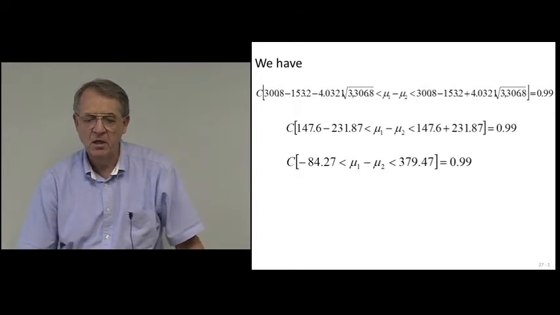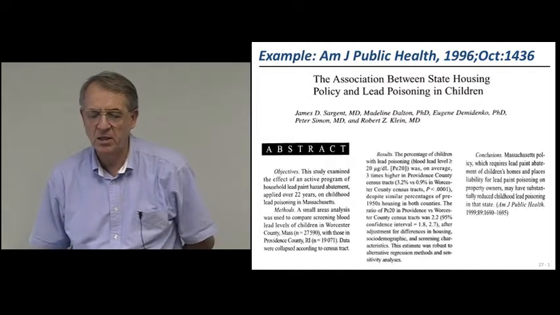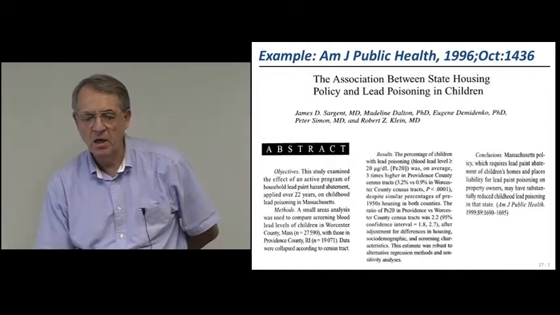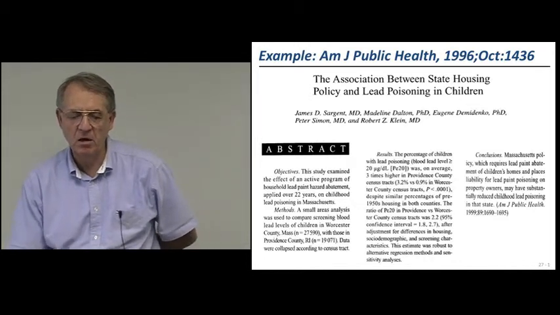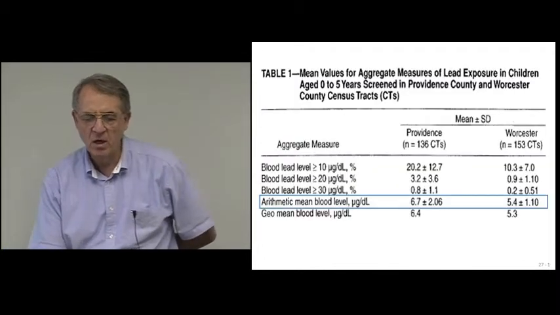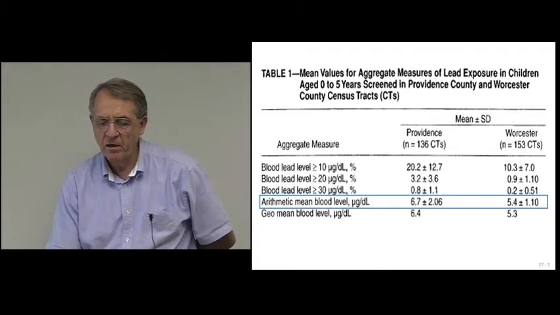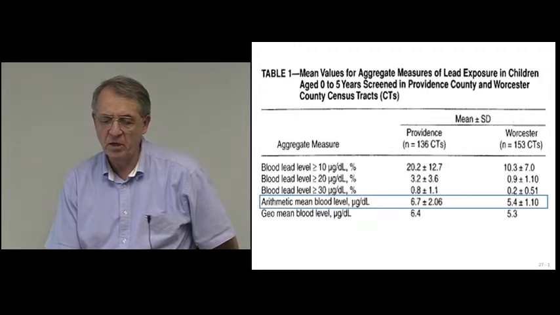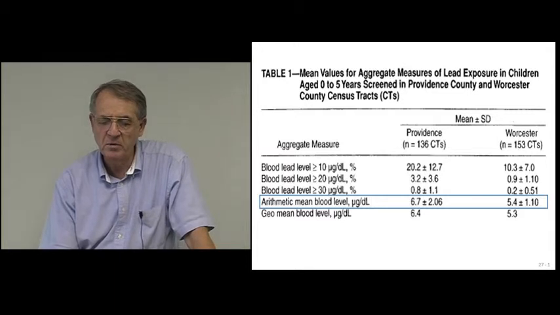This is an article on the association between state housing policy and lead poisoning in children. We have extracted from that article a table as shown here, and I've highlighted with the green box the issue that I really want to focus on, which is the arithmetic mean blood lead level in milligrams per deciliter.